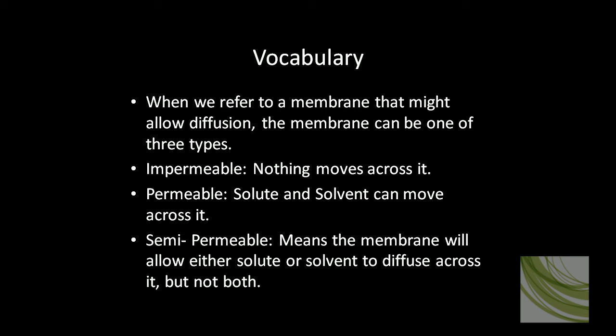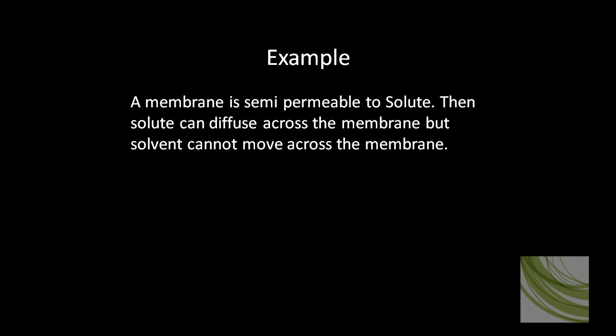In our examples, a semi-permeable membrane will be either permeable to solute or solvent, but it will not be permeable to both. So if we have a semi-permeable membrane that is semi-permeable to solute, that means solute will be able to diffuse across the membrane in both directions, but solvent cannot move across the membrane.